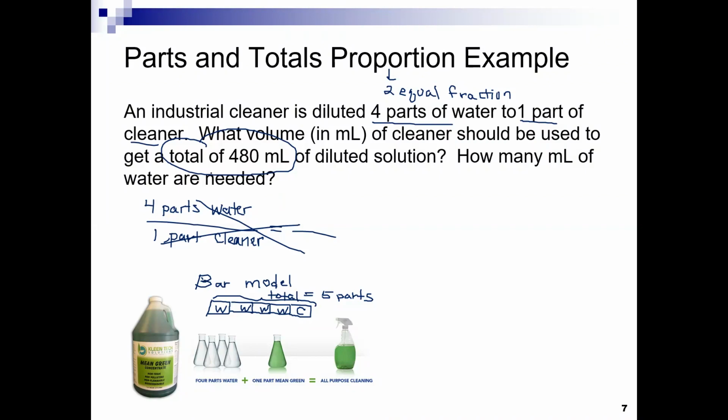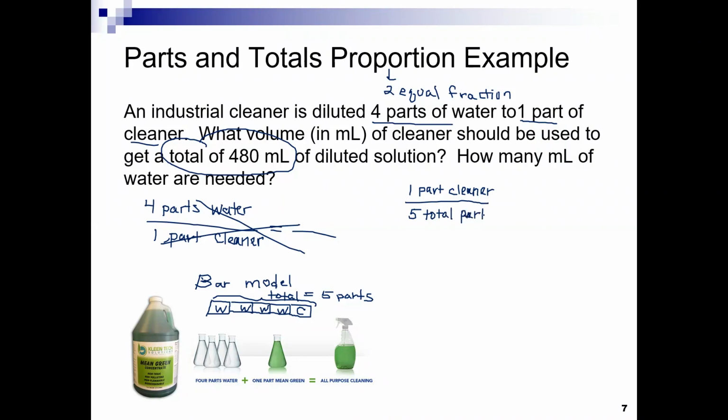So the first question that I'm asked is what volume of cleaner? Because I'm asked about the cleaner, I'm going to put in my fraction the 1 part cleaner. And instead of including the 4 parts of water, I'm going to include the 5 total parts.